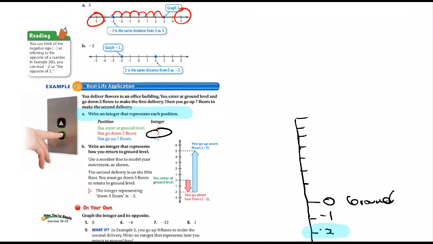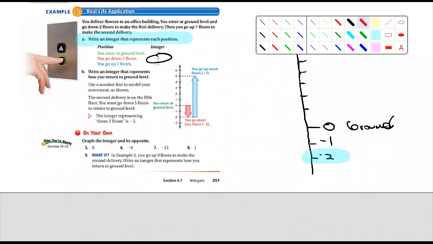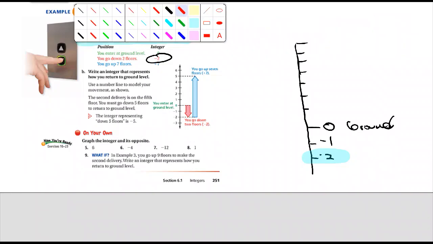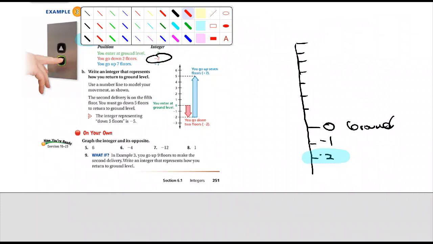Well, you could do the same thing with this little graph here that I drew. So you're at -2. Do you know what floor you would end up on if you went 7 floors up? The 7th floor? No, that's what most people would think. Good try. So let's do it. 1, 2, 3, 4, 5, 6, 7. And so the question is, what floor is that? 1, 2, 3, 4, 5. That's the 5th floor. So you would end up on the 5th floor.